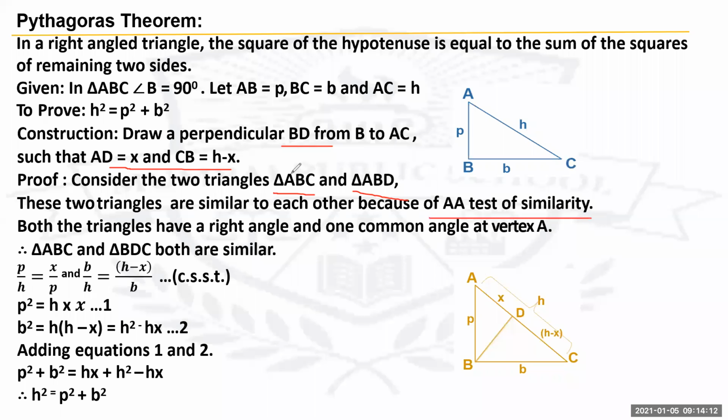Now check this vertex A and vertex A. It is the same. So this angle A is already there in triangle ABC as well as triangle ABD. So this A is the common angle.